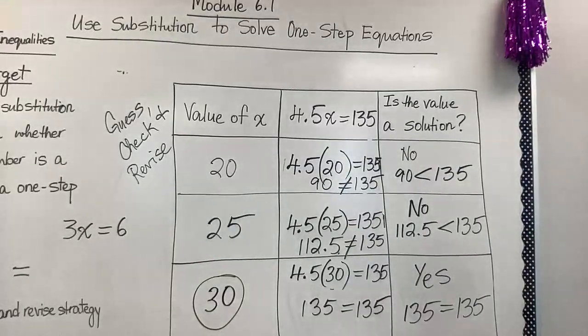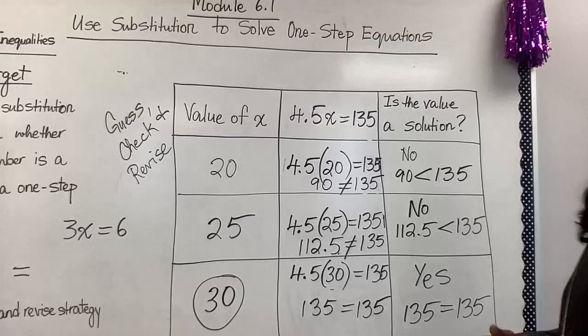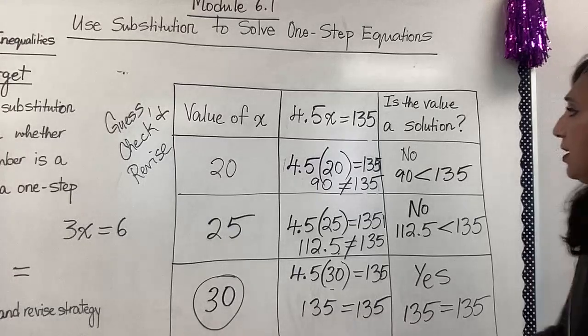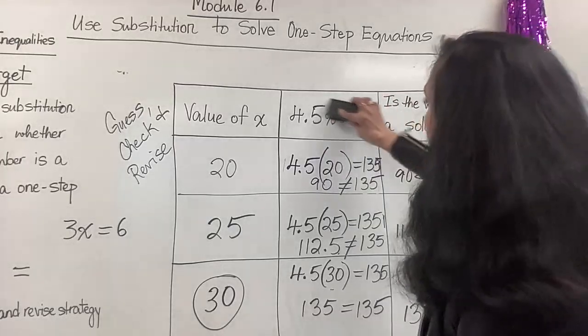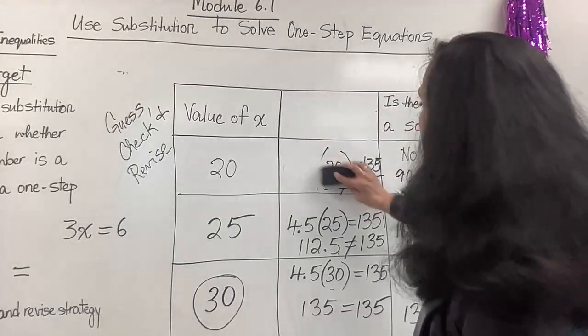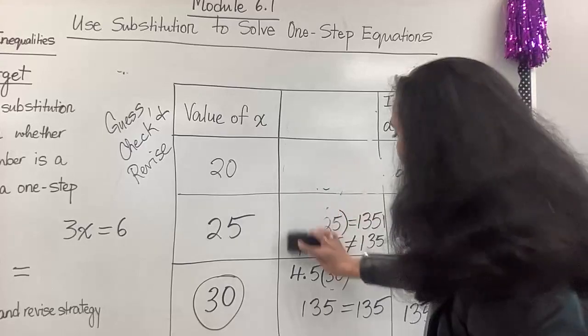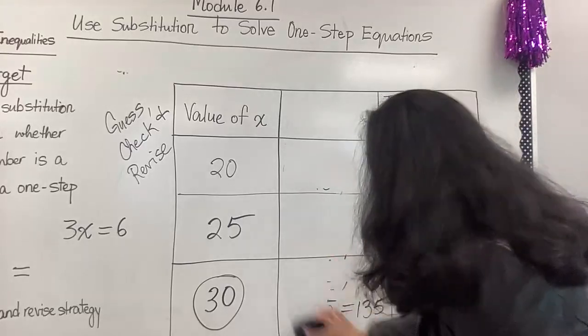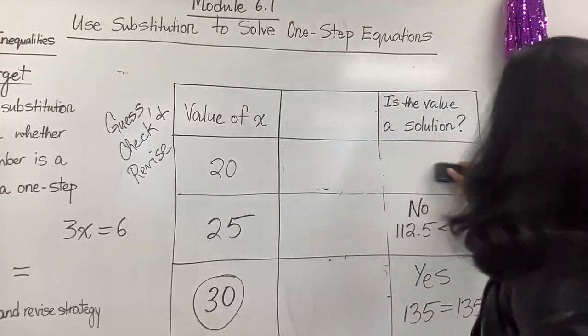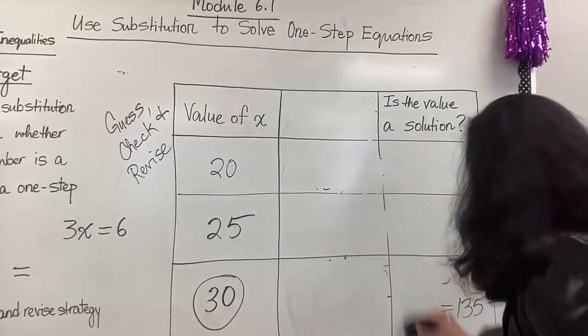All right. Let's go ahead and solve equations using substitution. And let's say it's asking whether 3, 4, or 5 is the solution of the equation. And we're going to change this again. I'm just going to use the same table format. It makes it easy since it's already drawn out. And let's look at this.